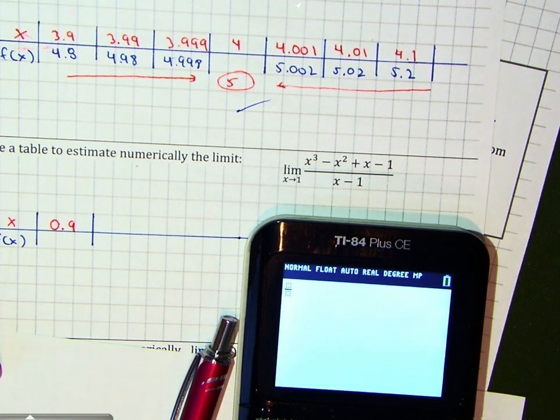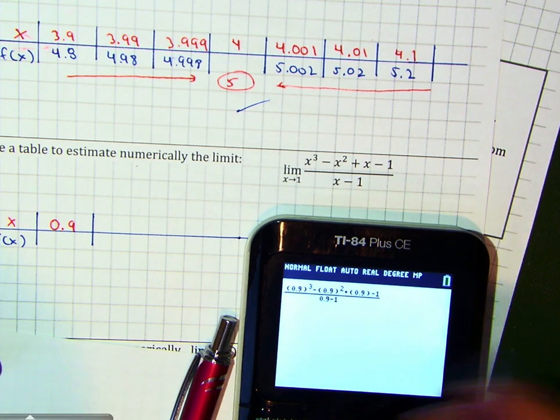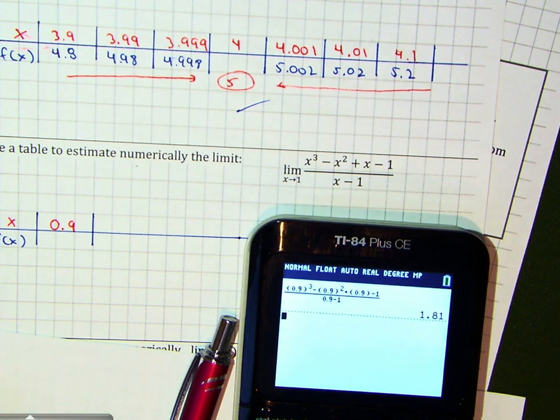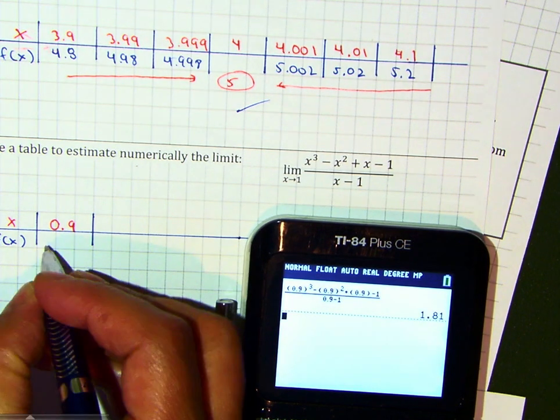So therefore, I'm going to plug in 0.9 to the power of 3 minus 0.9 squared plus 0.9 minus 1 over 0.9 minus 1. So that looks correct. So therefore, I end up with 1.81.